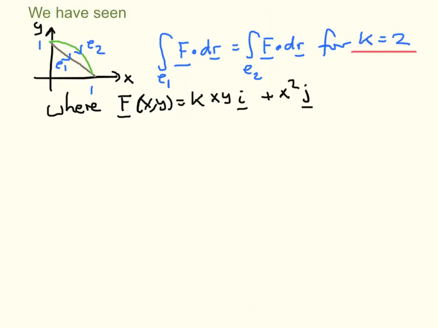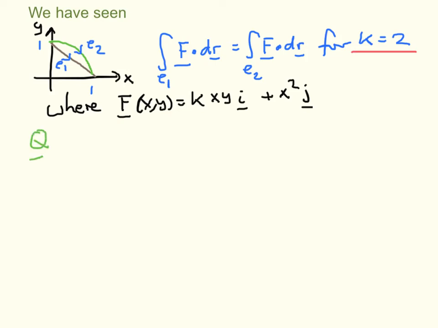So what we've seen so far in this podcast is we've calculated line integrals over this vector field over two paths that started and ended at the same position, and although we generally obtained different results, we saw that the results were the same when the parameter kappa here was 2. And therefore we wonder whether this might be because when kappa is equal to 2, this vector field is a conservative vector field.